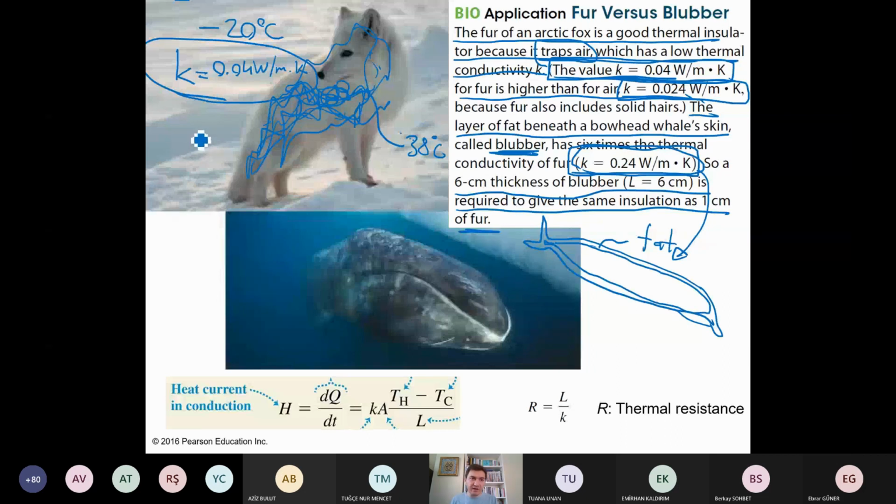So just consider that here, with a thickness of 1 centimeter, we have fur, and in order to provide the same insulation, you need 6 centimeters of fat. Okay, so this fur is a much better thermal insulation material.